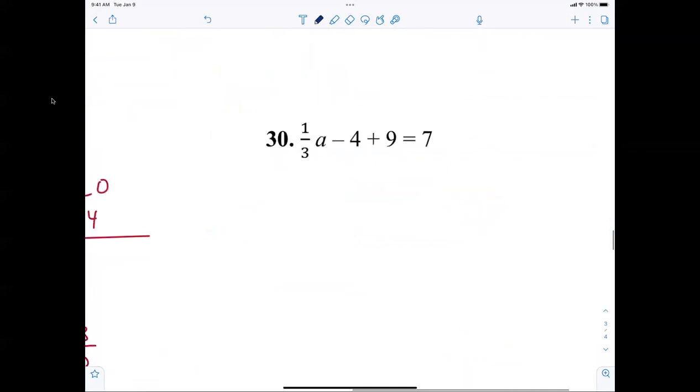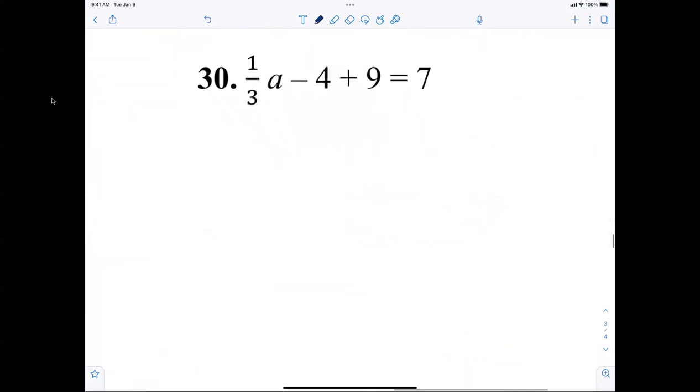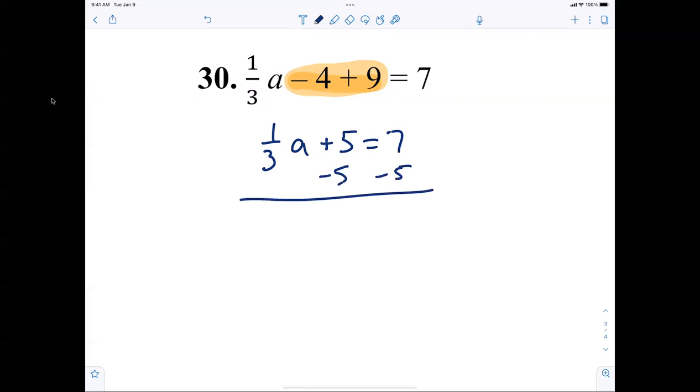All right, let's knock out 30, Taj. Okay. So you combine negative 4 and positive 9, that'd be 5. What kind of 5? Positive. So then you do minus 5 on both sides, and then you would get 2. And 2 is equal to 1/3 a.